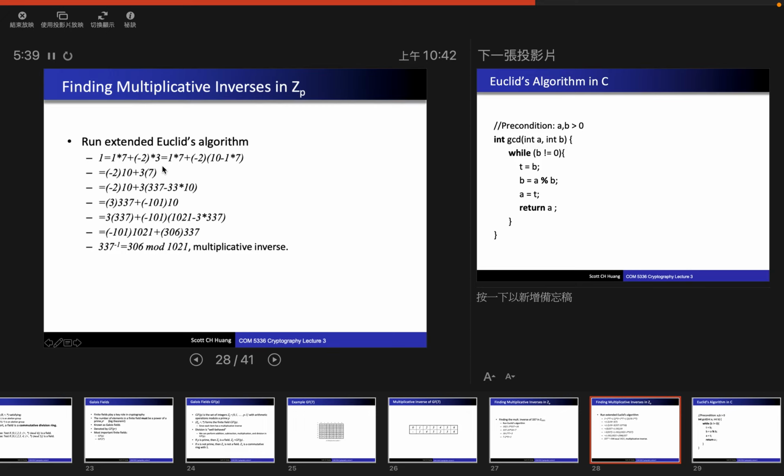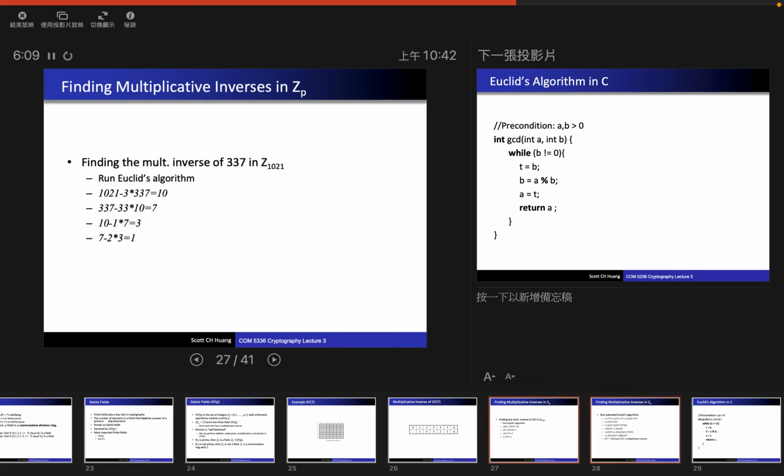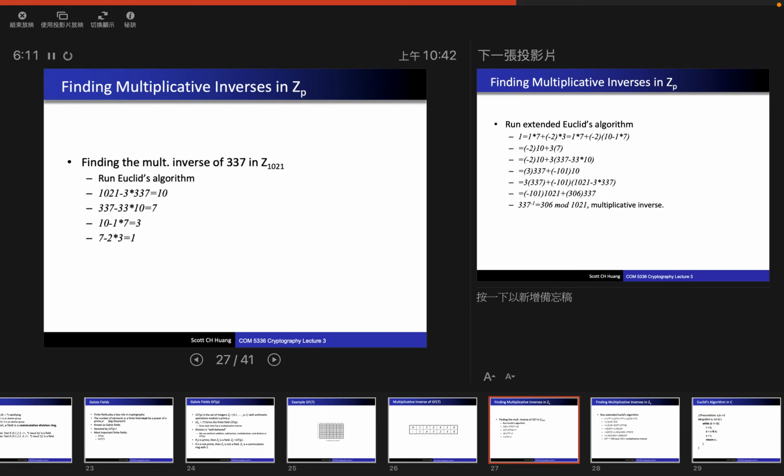Using the language of linear algebra, we represent 1 as a linear combination of 7 and 3. 我们把这个看成线性组合，1跟负2是系数，所以1被表示成7跟3的线性组合。那接下来我们要一直迭代回去。So the idea is using the last iteration, we can represent 1 as a linear combination of 7 and 3.